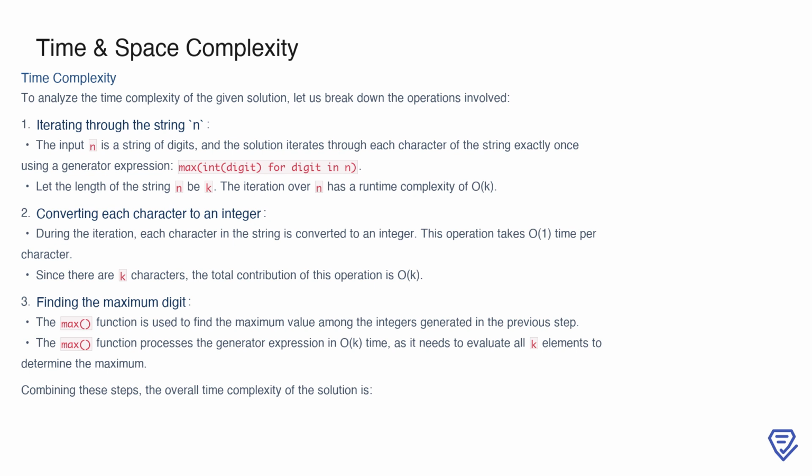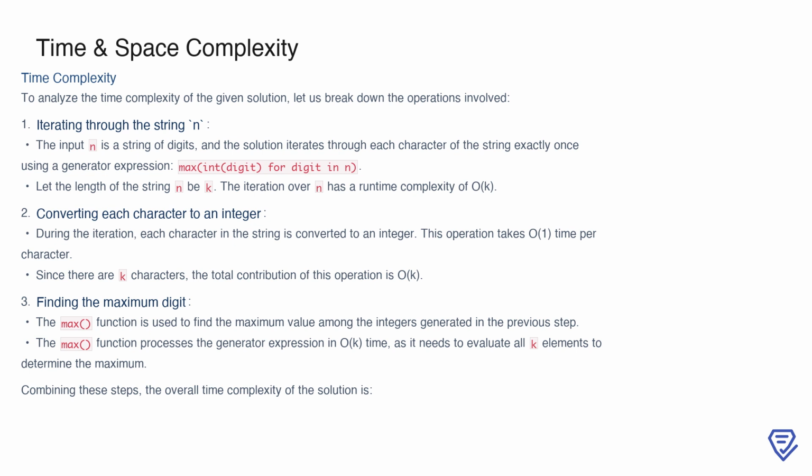Next, during this iteration, every character is converted from a string to an integer. Since converting a single character is an O(1) operation, and there are k characters, this step also contributes O(k) to the total complexity. Finally, the max function processes all the integers generated by the expression, which again requires O(k) time because it evaluates each element once to determine the maximum.